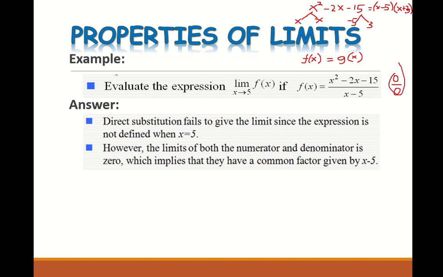Sorry, because this is 3. So these are the factors of the numerator.